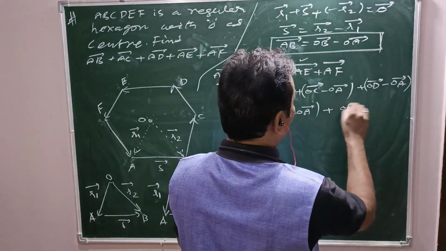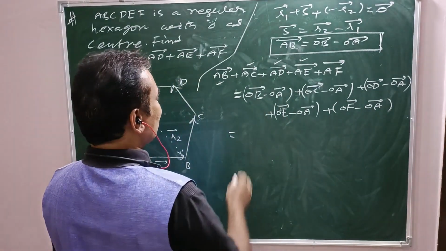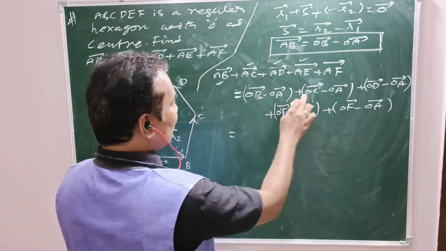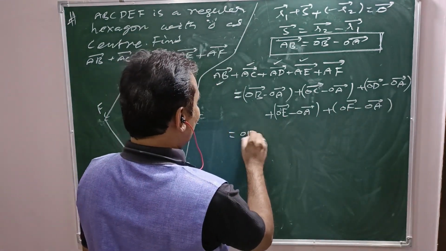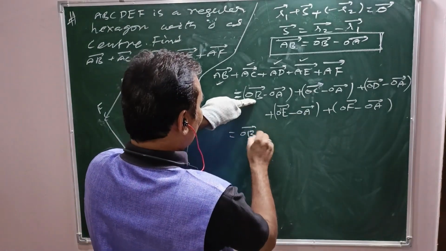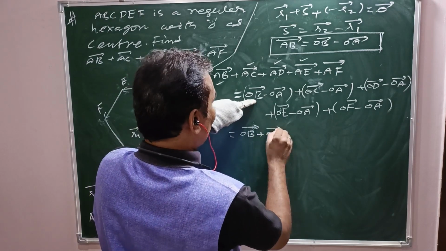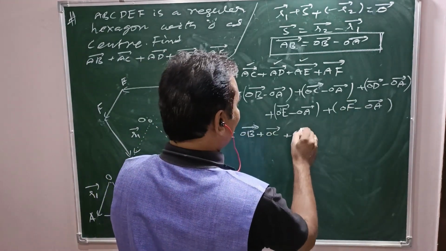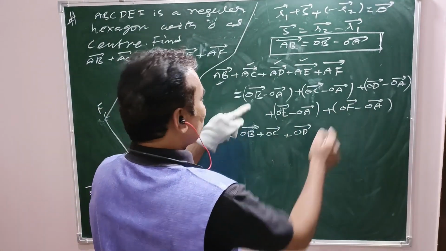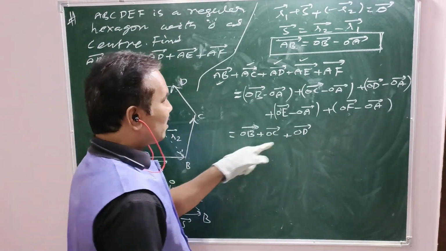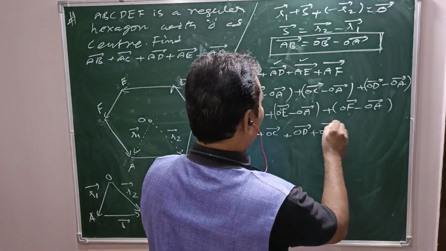Right? See, the first terms: OB bar plus OC bar plus OD bar plus OE bar plus OF bar. I am taking positive signs.